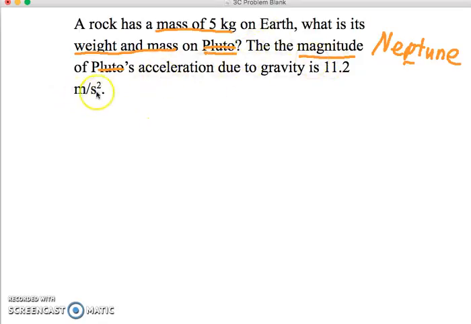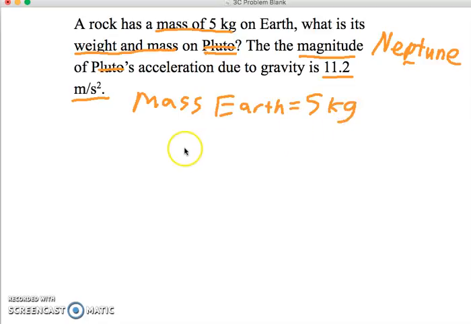The magnitude of that acceleration is going to be 11.2 meters per second squared. So the acceleration due to gravity on Neptune is 11.2 meters per second squared. So we got the mass on Earth is 5 kilograms.